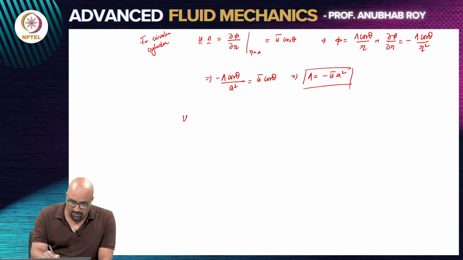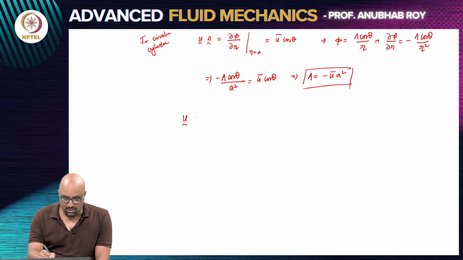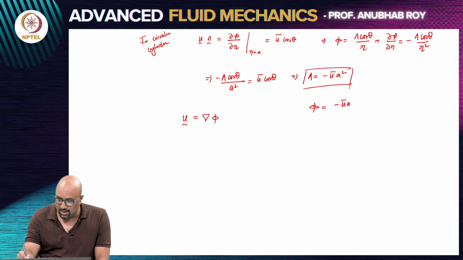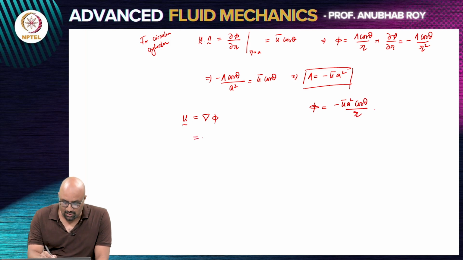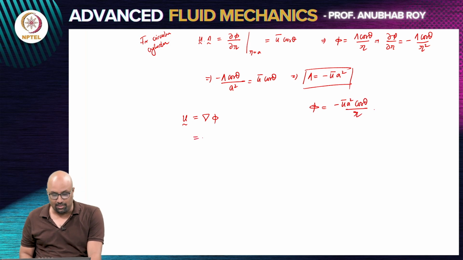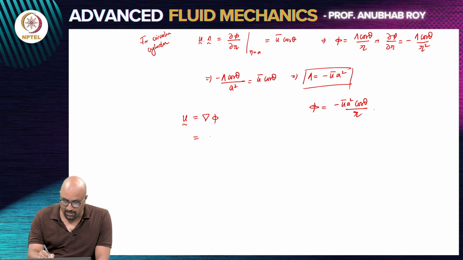So, the velocity field now, which is basically given in terms of gradient of the potential. So, the potential is minus u bar a square cosine theta by r. So, when you write down the velocity field, it will have a radial component. The radial component of the velocity field would be plus u bar a square cosine theta by r square.